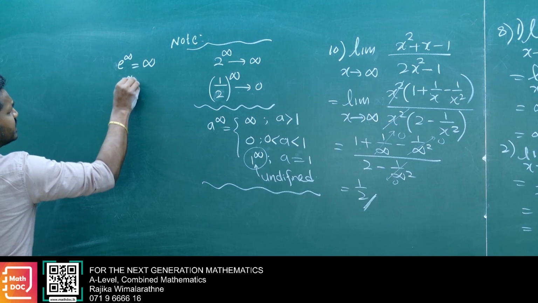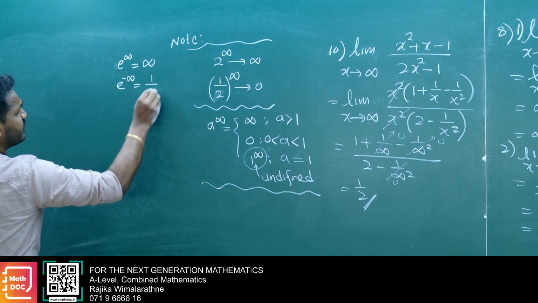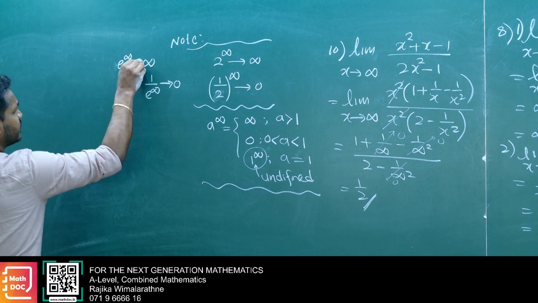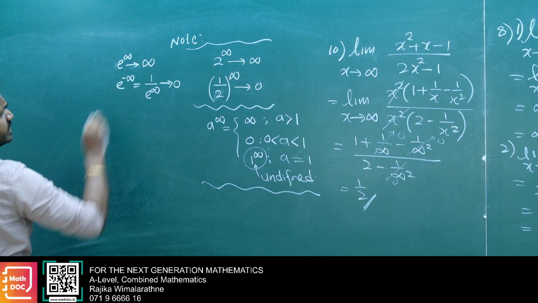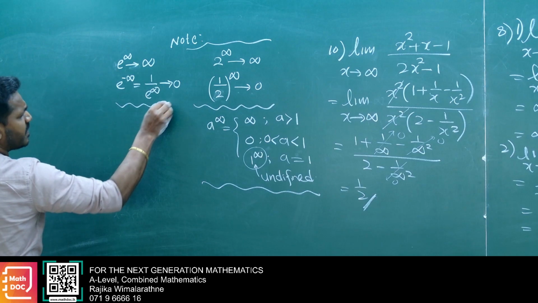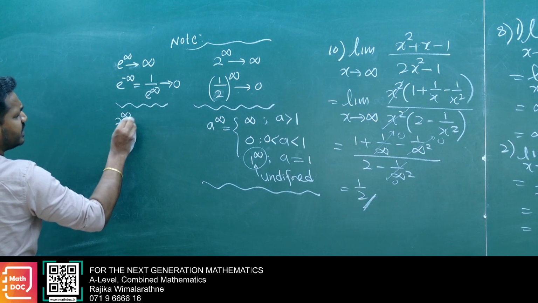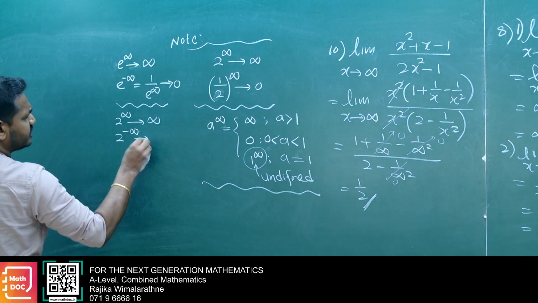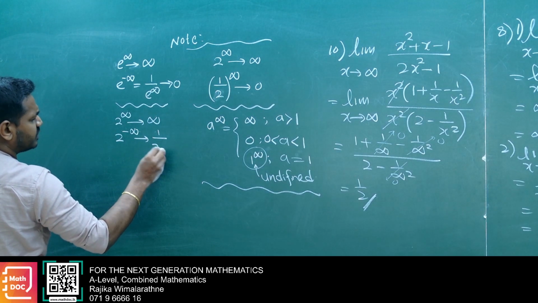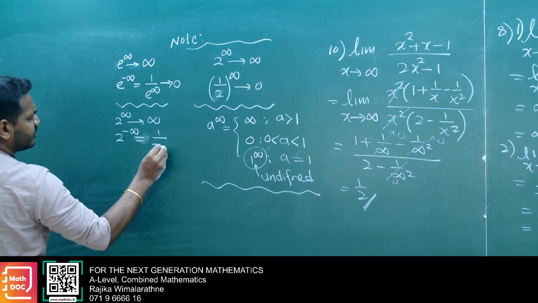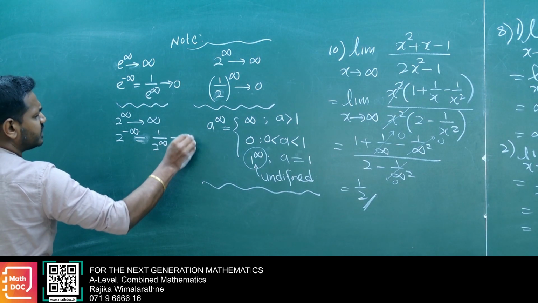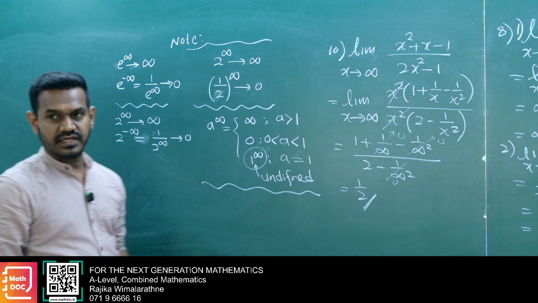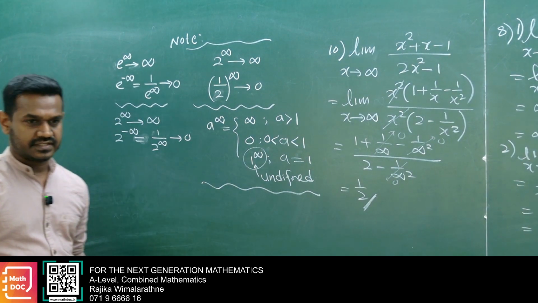e to the power minus infinity is 1 over e to the power infinity, and that goes to 0. Then 2 to the power minus infinity is 1 over 2 to the power infinity, that goes to 0. These are the infinity cases.